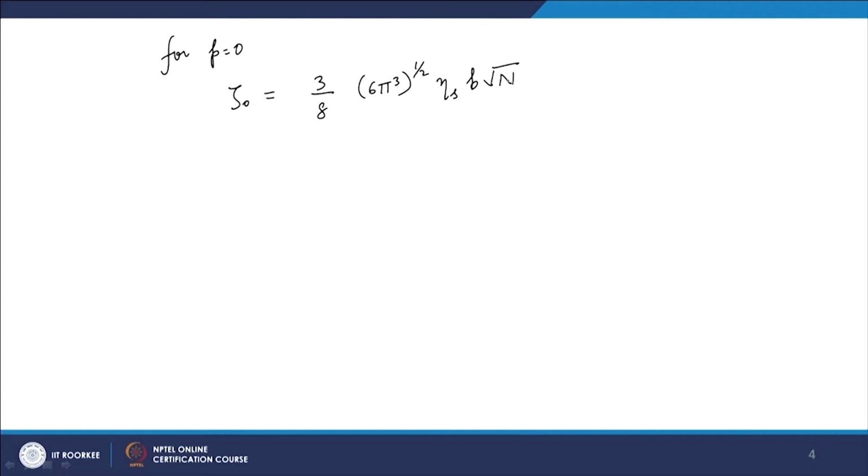Okay. So, after doing the full solution within the approximations that we have made, we first made the Stokes approximation, then we got the Oseen tensor as the expression for the mobility matrix.